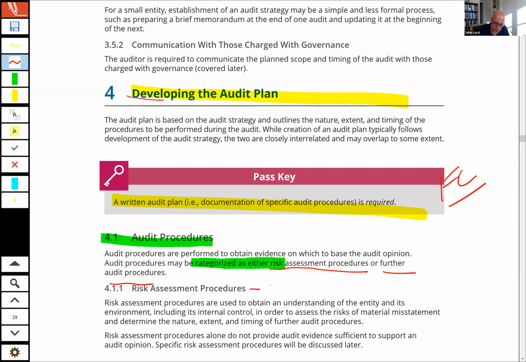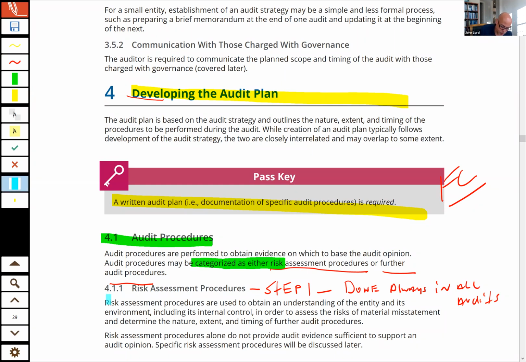So risk assessment procedures can really be put as step one, and you can put done always in all audits. You always have to do these risk assessment procedures, okay?